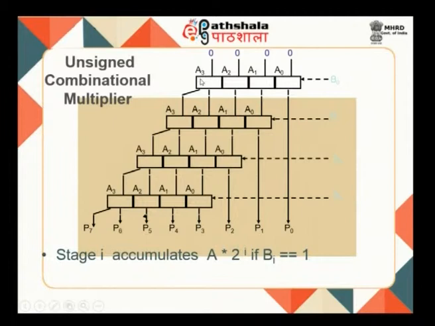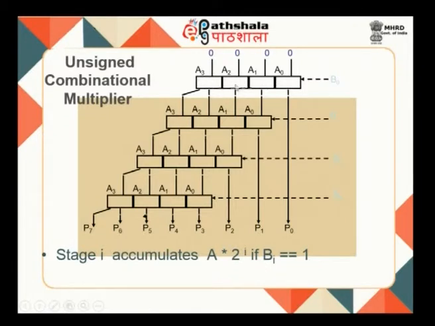This is the first partial product, and this is the second partial product that is going to be formed. For each of these bits you have an AND unit here, which will AND the multiplier bit with the appropriate multiplicand bit and produce either a 0 or a 1. If your multiplier bit is 0, it will produce a 0. If your multiplier bit is 1, it will just replicate that multiplicand bit.